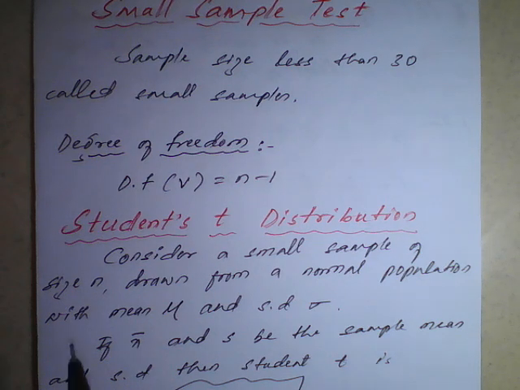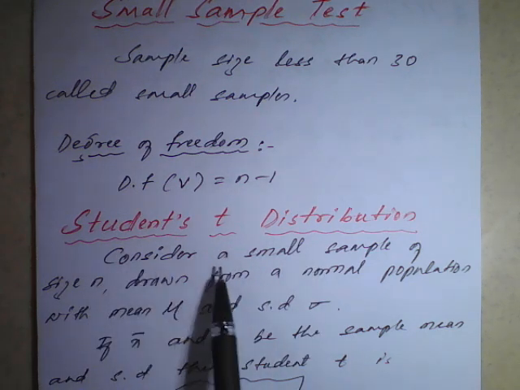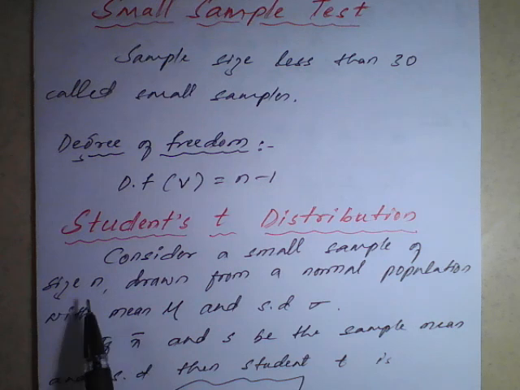Okay, so in this small sample test, we'll see what is student t distribution. Consider a small sample of size n, and remember this n will be less than or equal to 30 only. If it is more than 30, we have to go to the previous method.